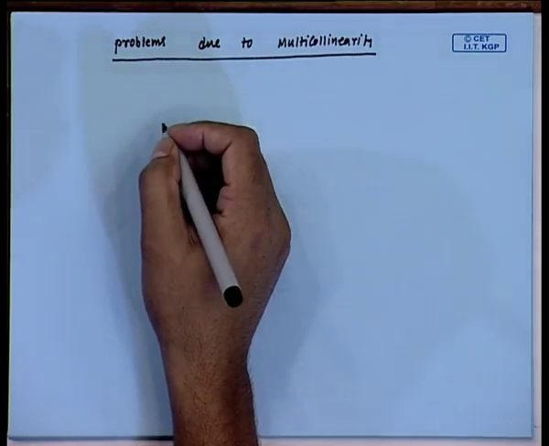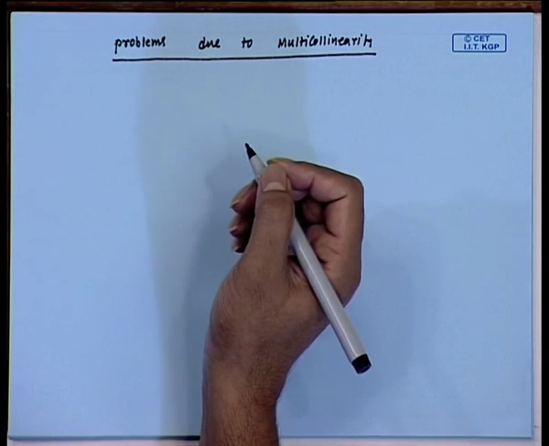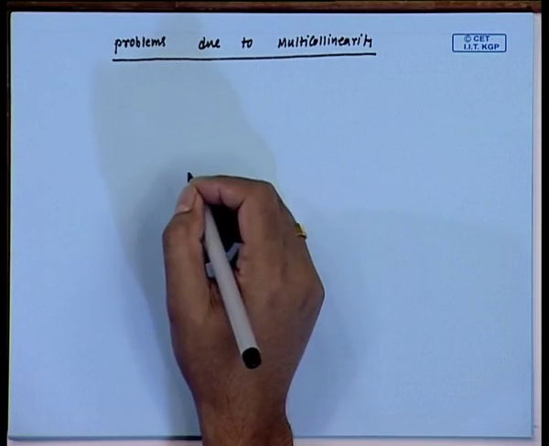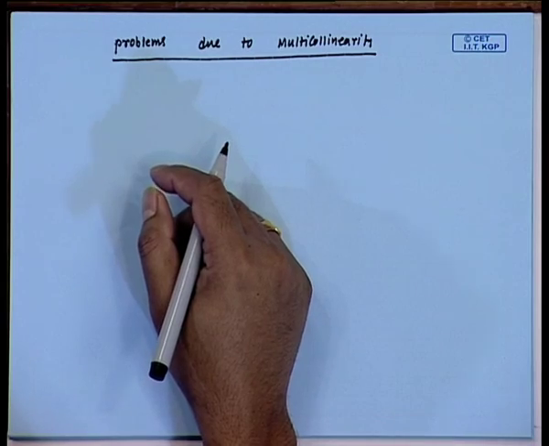In the last class we proved, or illustrated, the fact that strong multicollinearity results in large variance and covariance of the regression coefficients.